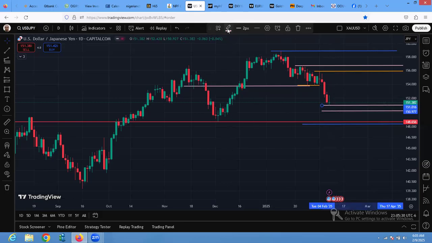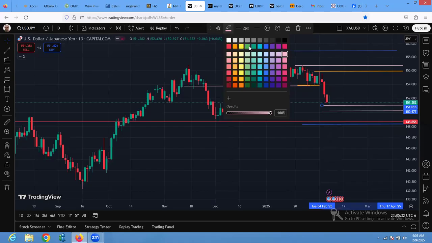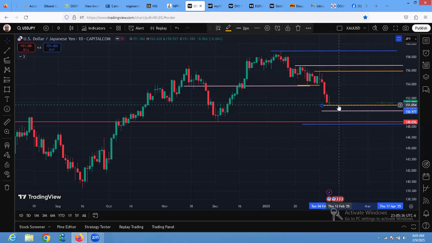So if you are buying this, price should not go below here. If this is an A, B, and a C wave, if from here to here is a C wave, price should not go lower than this area. So it should be going up. That's what we can say here. Price should be going up.